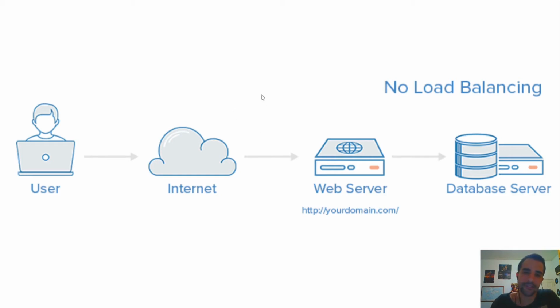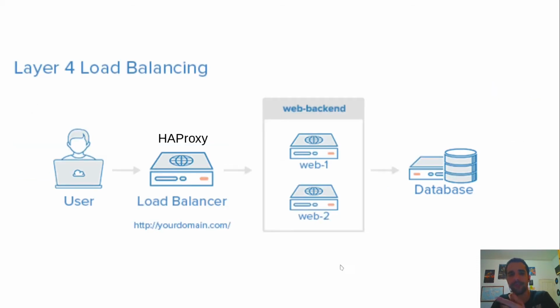In this case, you're going to put your load balancer, and you're going to clone the web server. Let me show you so you see better. You put it here and you clone this. You clone your web server, and now you have a cluster of servers.